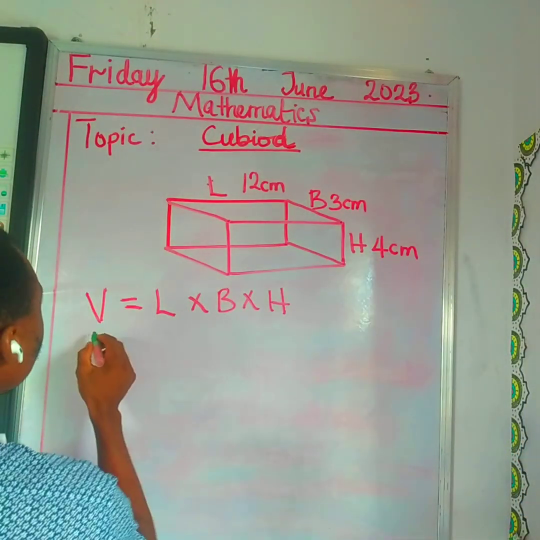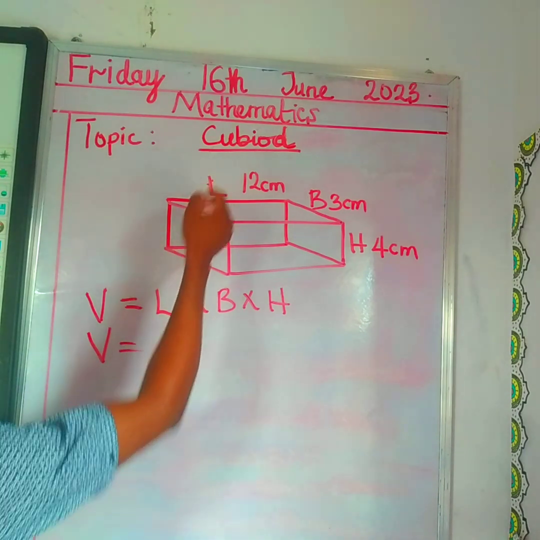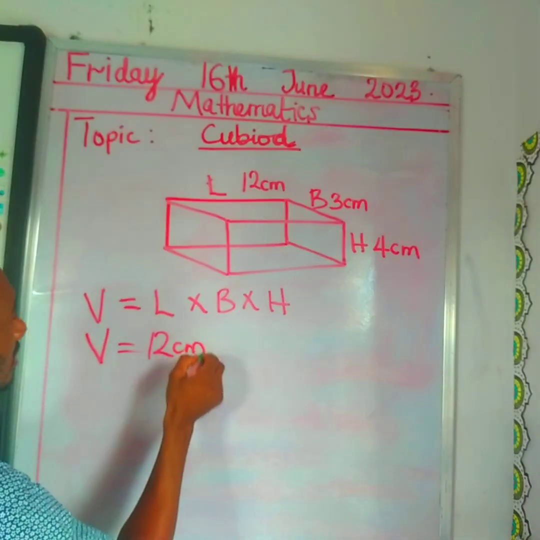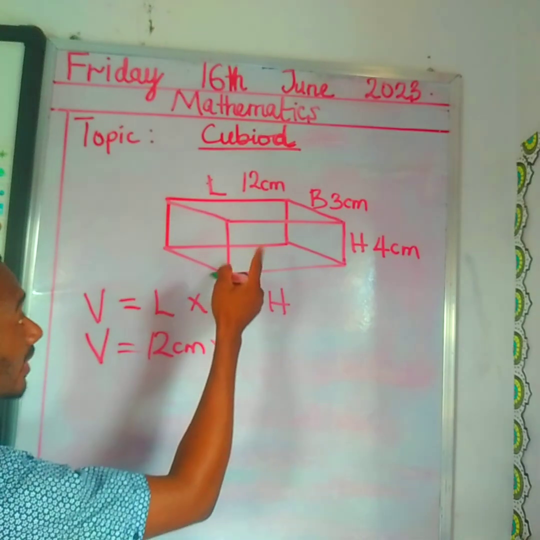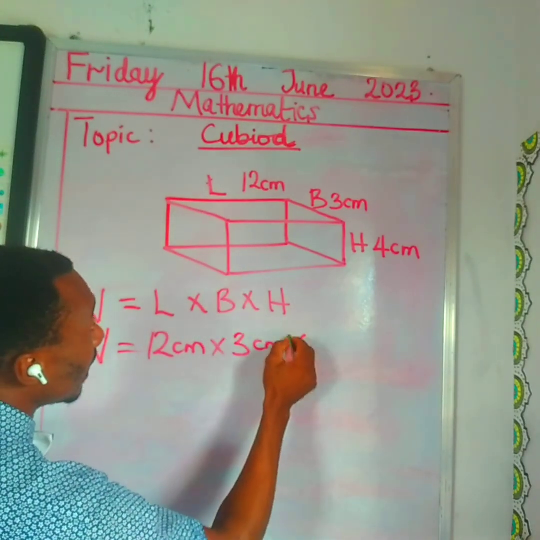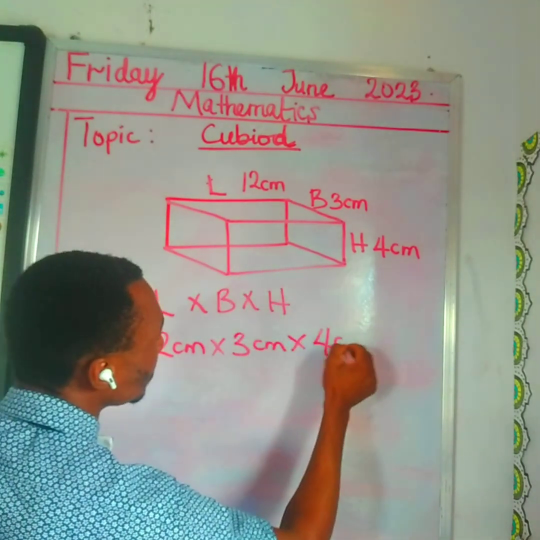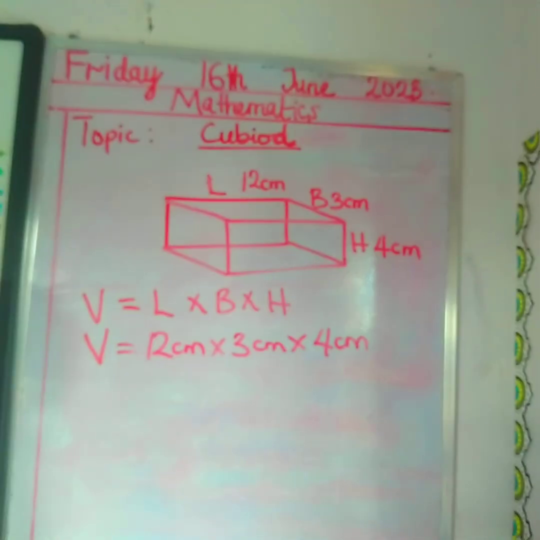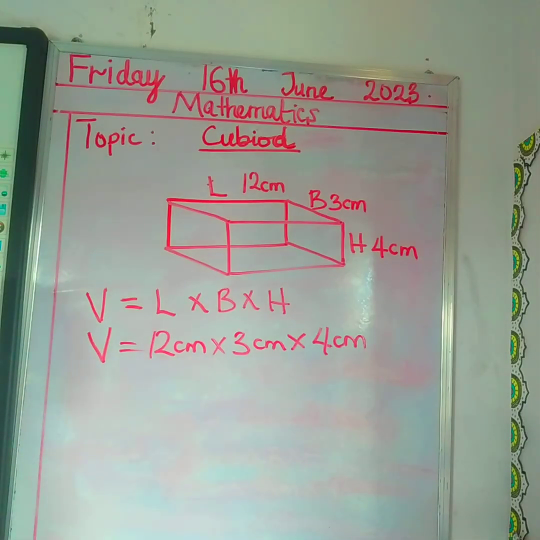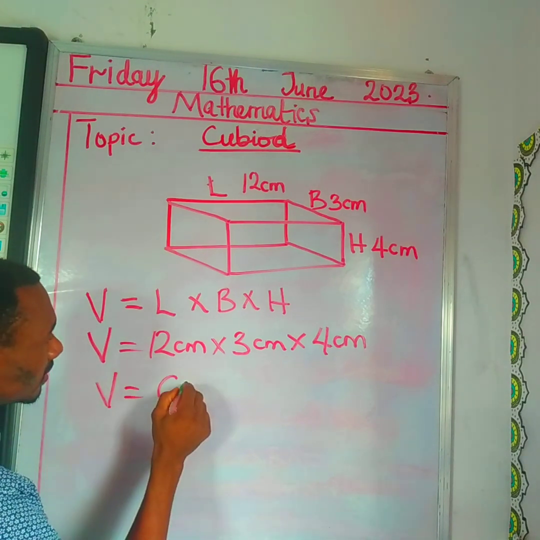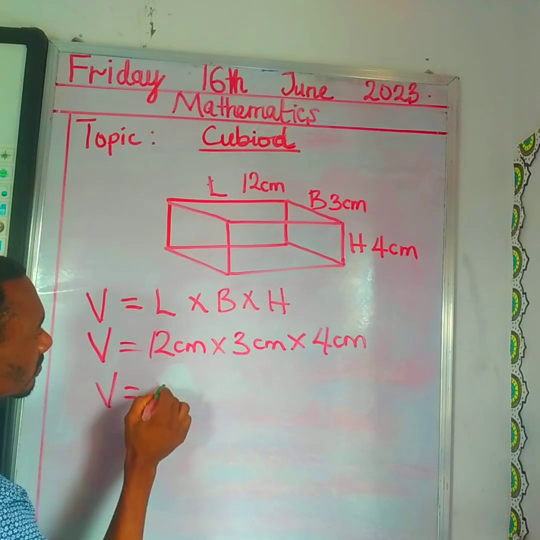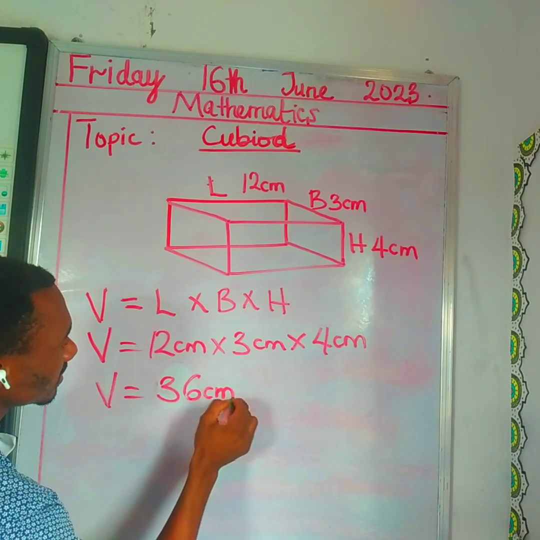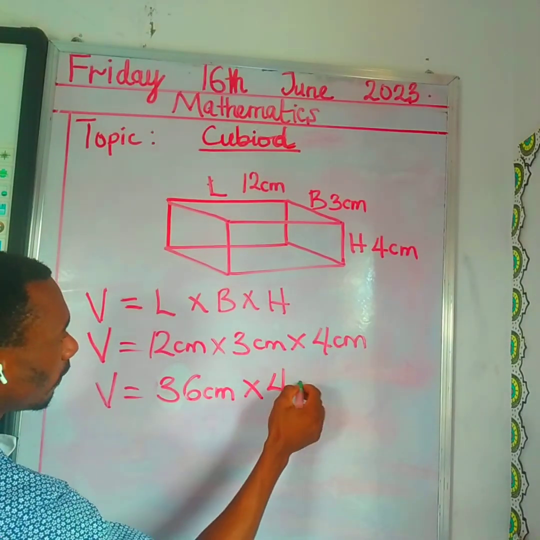Now, volume equals, what's our length? 12 centimeters. What's our breadth? 3 centimeters. And what's your height? 4 centimeters. Now, Gabriel, tell me, what is 12 times 3? Okay, 12 times 3 is 36 centimeters, times 4.